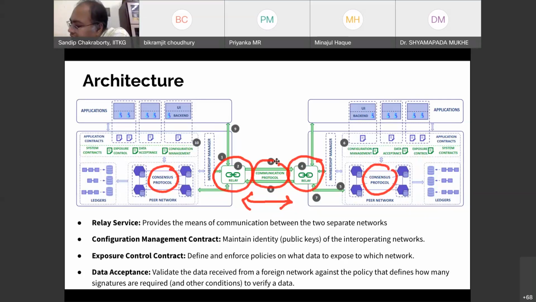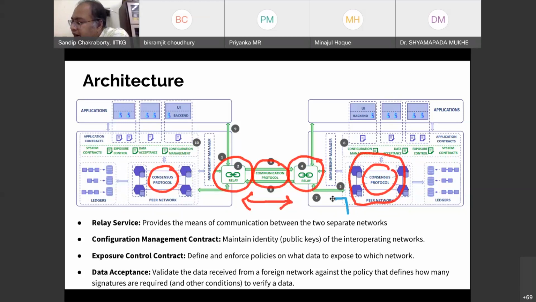Now, once the relay gets that information, it sends that information to the corresponding consensus protocol, and this consensus protocol generates the data through collective attestation. That means the nodes which are running will attach their information, or will collectively sign the information that is being generated from this network.